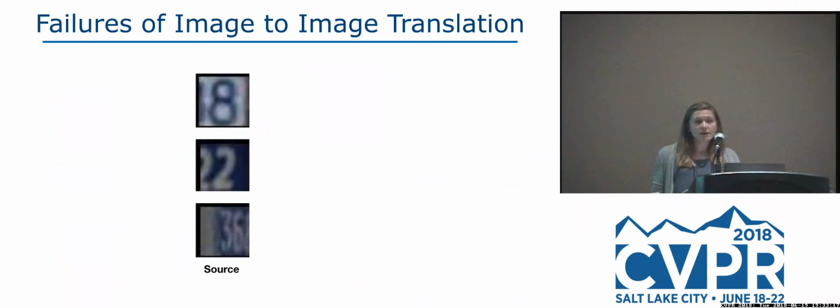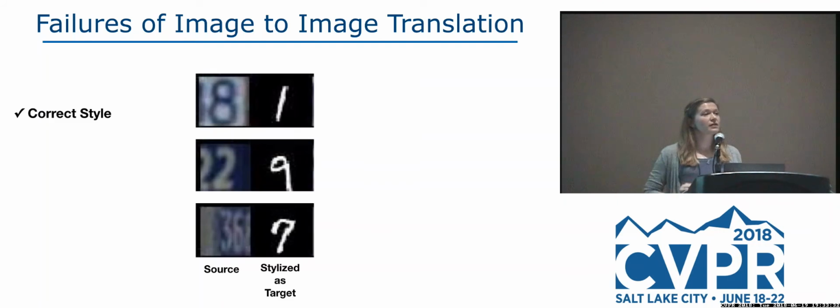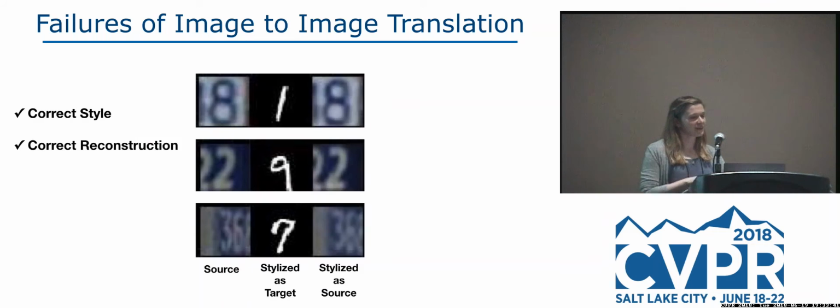So for this example of Google Street View to MNIST, I'm just going to show you one type of failure that can happen. Here, I'm showing you some source images from Google Street View house numbers. And these are the images that are generated after stylizing them to look like MNIST. It's good, it's the correct style. And maybe surprisingly, these are the reconstructed images from those MNIST stylized images.